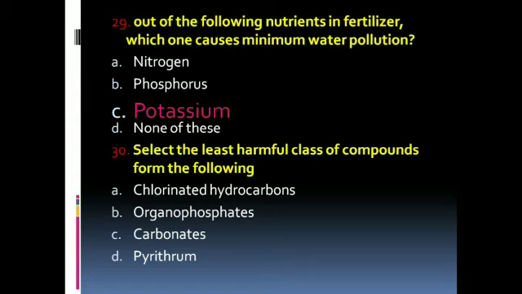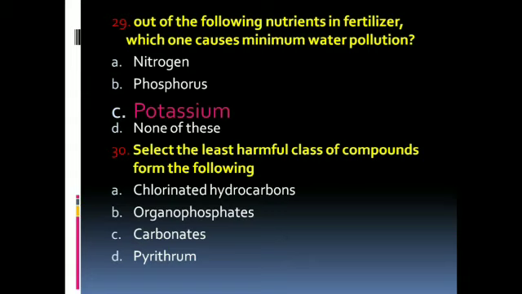Carbonates are the ones which are least harmful, which can be used as insecticides in the agriculture fields, whereas all other chemicals mentioned are harmful, not only to human beings but also to the other organisms. Useful insects are also being killed, and the predators which depend on those useful insects, their population declines, and the ecosystem is also disturbed.